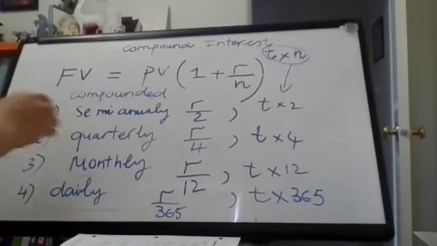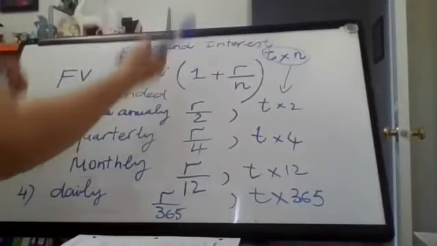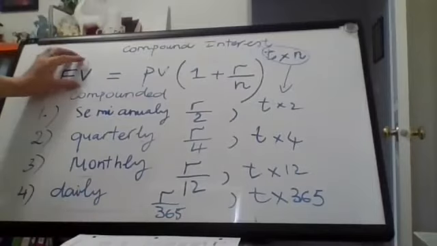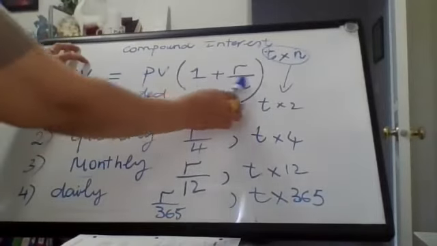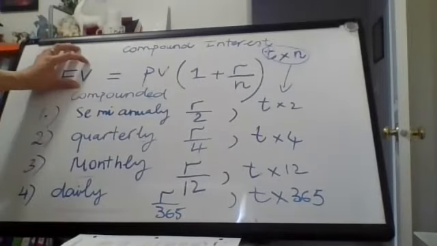So as long as you follow this formula and you plug in the numbers, right, and you solve for one unknown. If they ask you a future value, they have to give you all of this information to find one unknown as the future value.